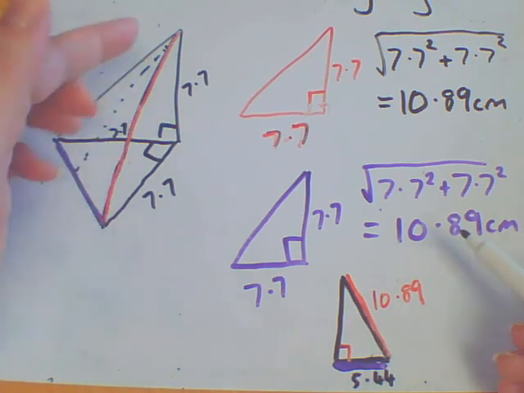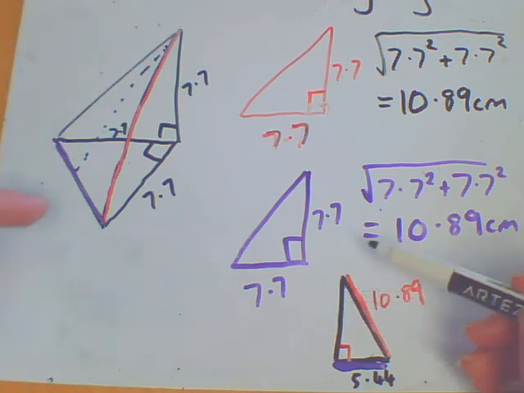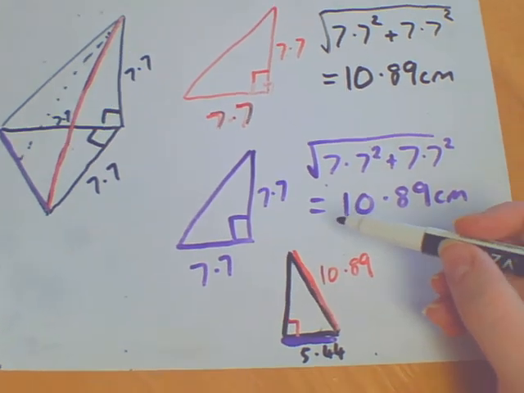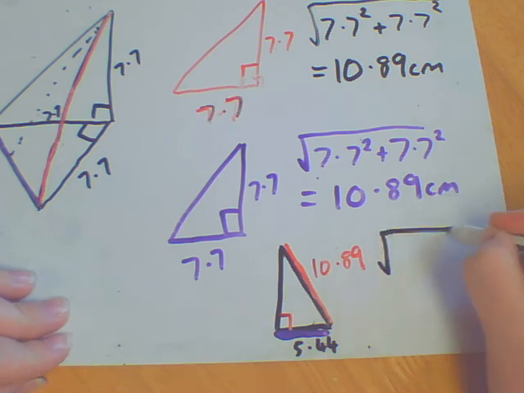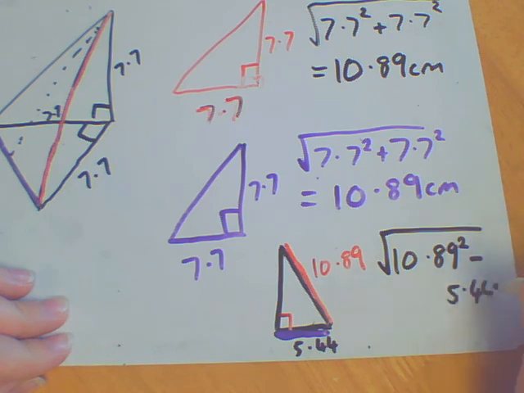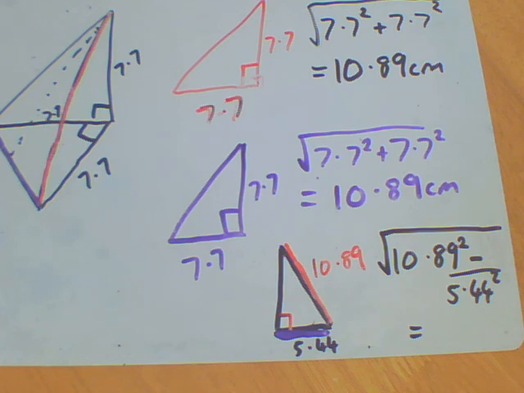So to work out the height, which is the dotted line, which is this one here, I'm going to do Pythagoras with a subtraction. So 10.89 squared minus 5.44 squared, obviously that's all under the square root, and that is going to give me a final answer of 9.43.